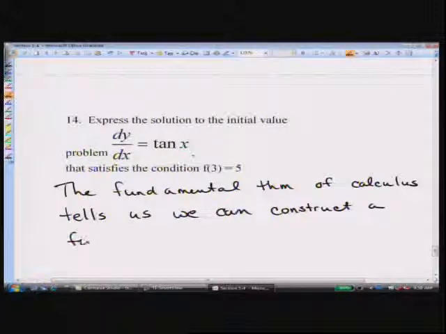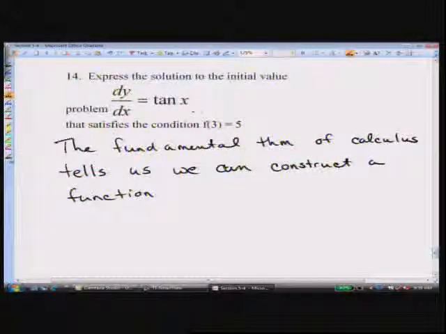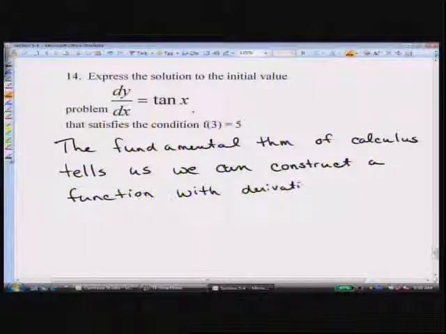a function that is the derivative, or that is an integral, right? And so it says we can construct a function with derivative tangent x. Okay?